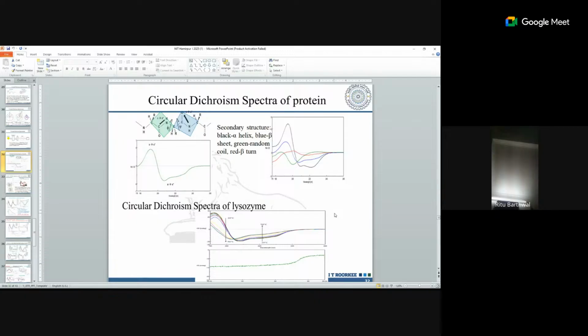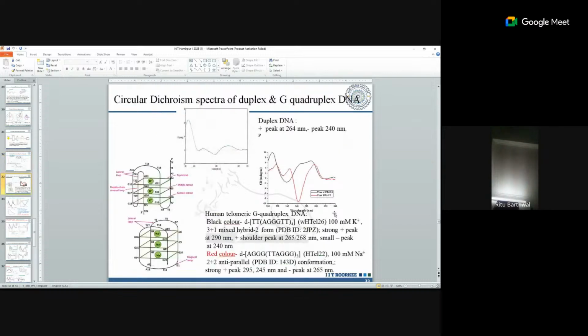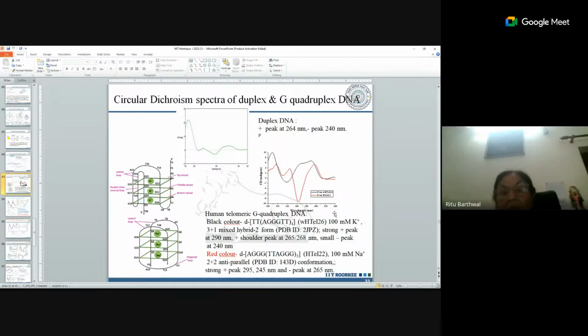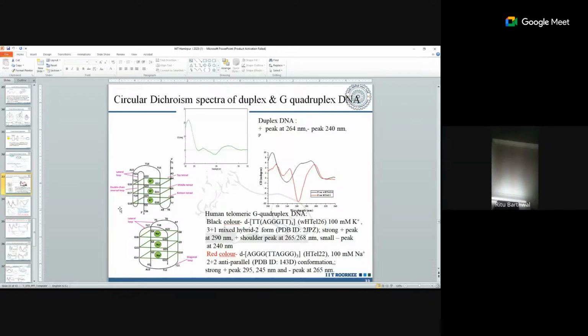Coming to the DNA. In DNA, this is the duplex DNA. It gives you a peak. This is the one which we see, a negative peak here and a positive peak here. However, now you look at quadruplex DNA. This is 3+1 hybrid DNA, which I told you, human telomeric, and this is in sodium. This is antiparallel 2+2.